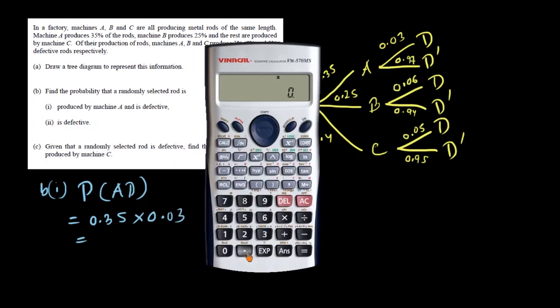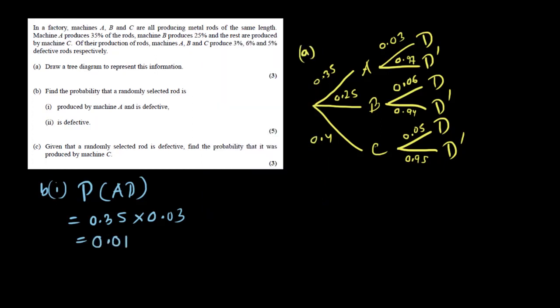So 0.35 multiplied by 0.03, and that is 0.0105. So that is the probability, and it is basically 1%. It's a very low probability if you convert this to percentage.